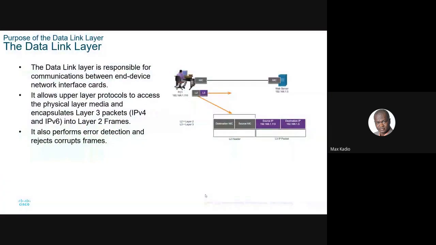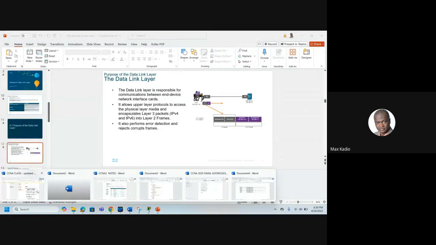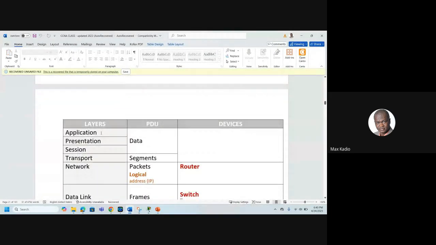So the data link layer is responsible for communication between the network and the device card. Okay, so as we said, if you send a parcel, your envelope, for example your email, you click send, your email is at the application layer.